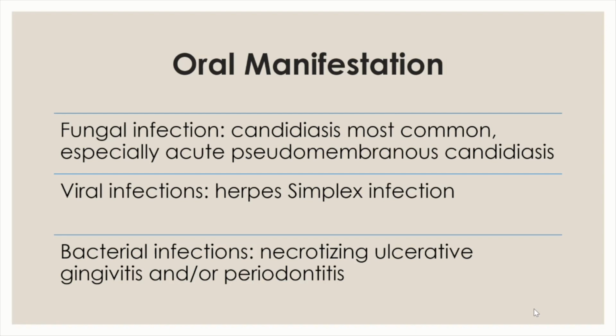Similar to children with immunodeficiencies, over 70% of HIV patients have oral lesions. Oral lesions are among the earliest and most common clinical signs of HIV infection among children and adults. Patients usually present with oral infections such as fungal infections, candidiasis being most common, especially acute pseudomembranous candidiasis, followed by angular cheilitis.